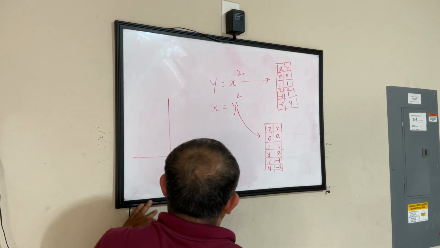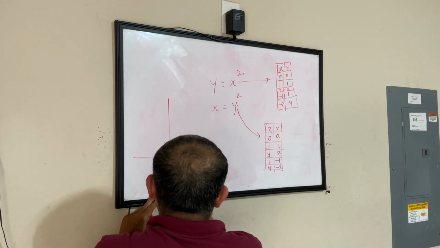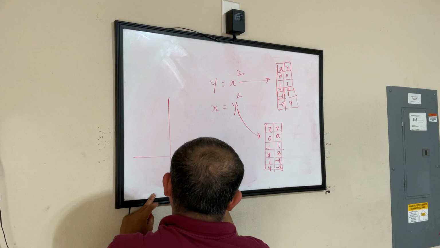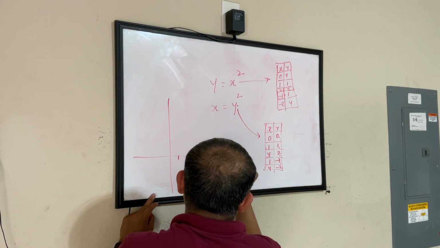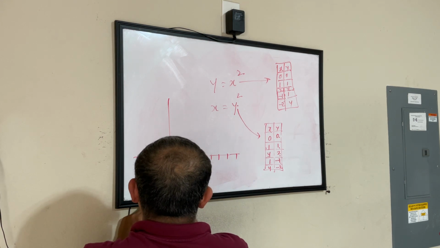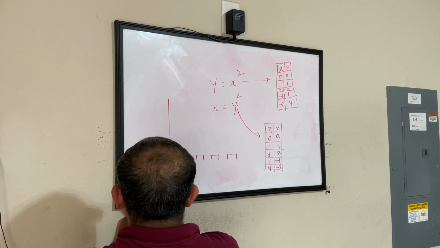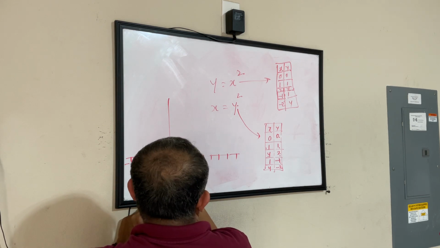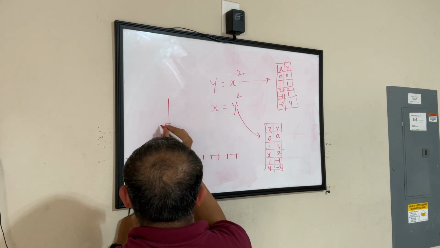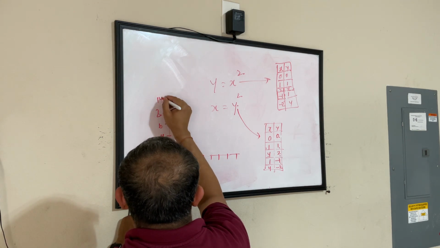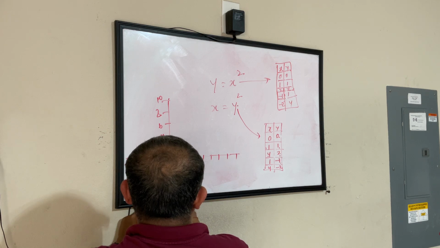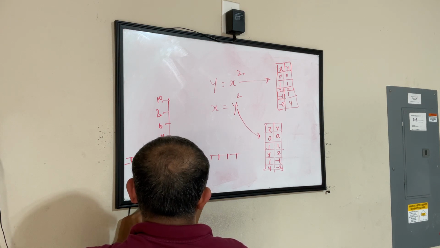Now let's plot them. This one, 1, 2, 3, 4, 5, 6, 7, 8. Minus 1, minus 2, minus 3, minus 4. 2, 4, 6, 8, 10. Minus 2, minus 4, minus 6, minus 8.